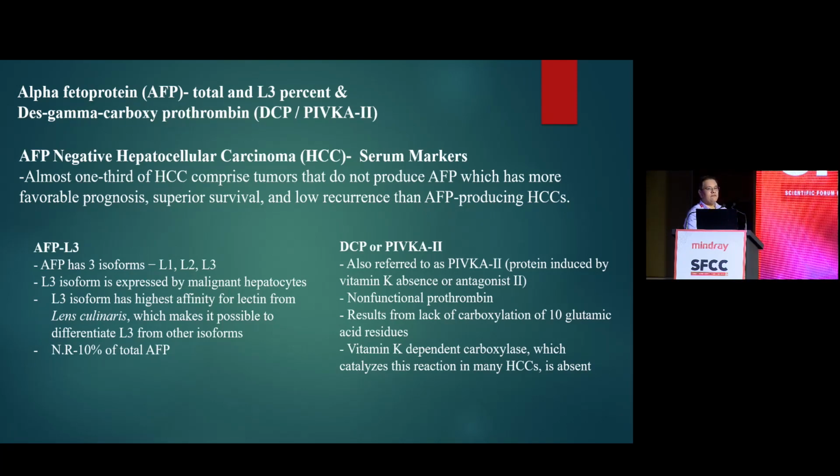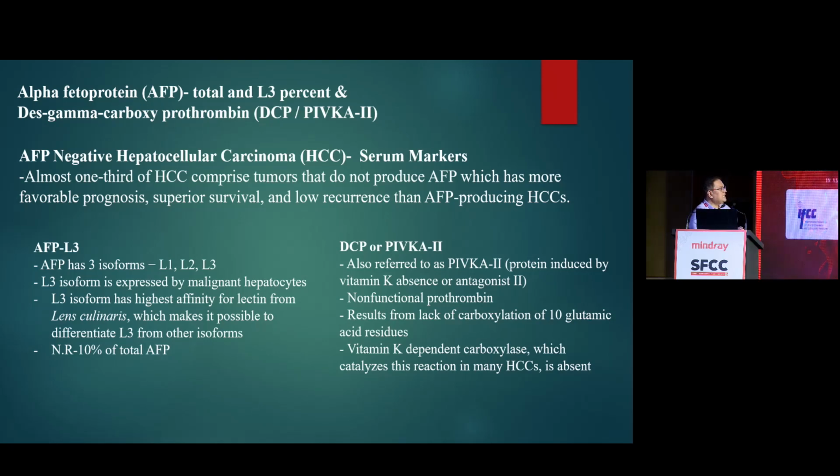Now AFP, if you look at it from an electrophoretic point of view, has three subfractions. The L3 fraction is the one which is especially increased in these non-AFP secreting hepatocellular carcinomas, and a ratio between the total AFP and L3, if it is more than 10%, is one way of identifying them.